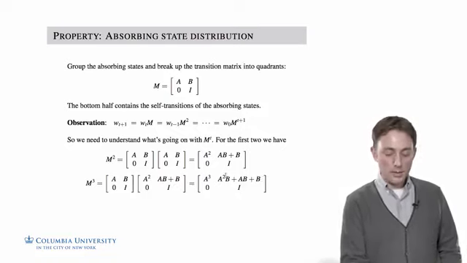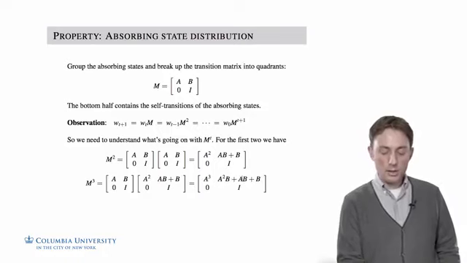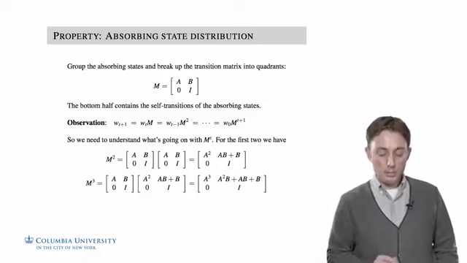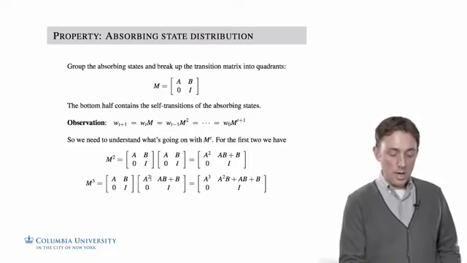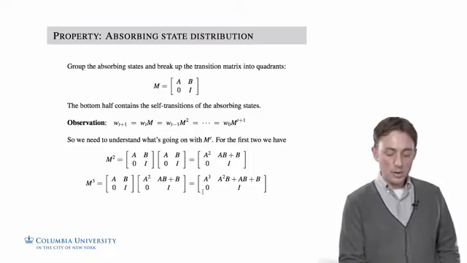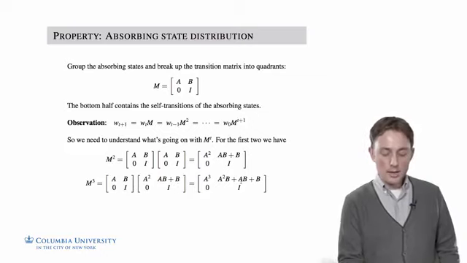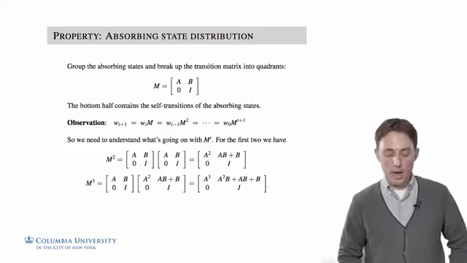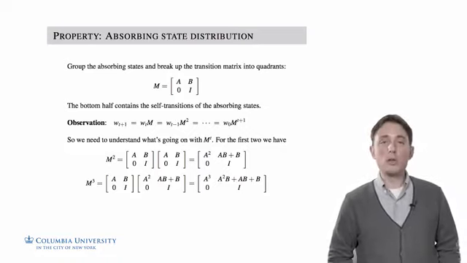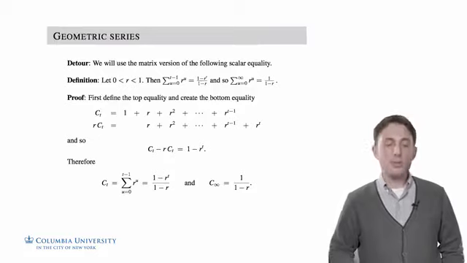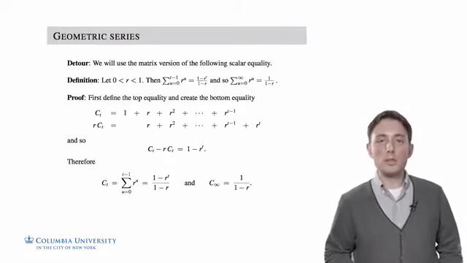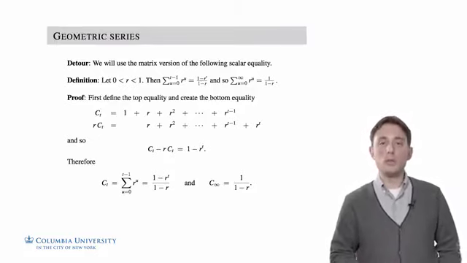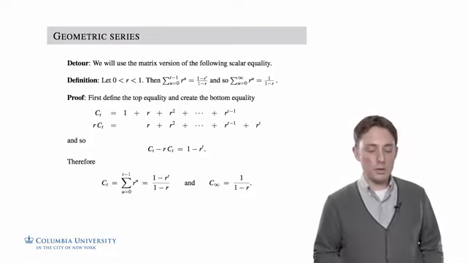And then we have A times this term, so we have A squared B plus AB plus B. 0 times A squared plus I times 0 is 0, and 0 times this term plus I times I is I. Okay, so we've already now started to uncover a pattern, which we're going to return to in a second, but first I want to take a one-slide digression about the geometric series. So what we're going to see is this is an example of a matrix version of the geometric series.